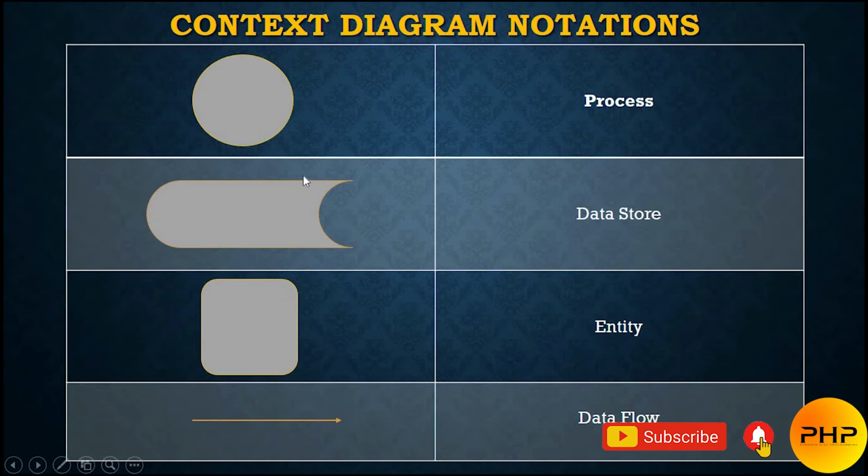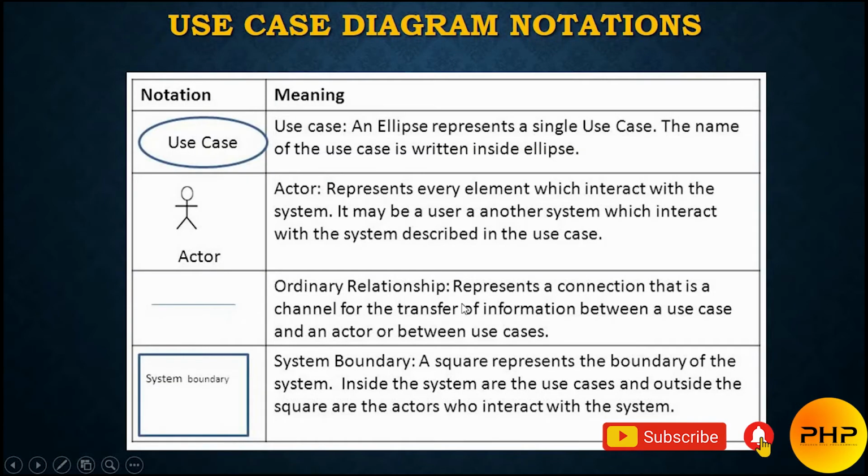These are the objects we draw for the context diagram. Now the use case diagram: nneɛma a yɛde draw use case diagram. The big box is what we call the system boundary, which represents the entire system. The use cases are the functions of the system, and the actors are the entities.